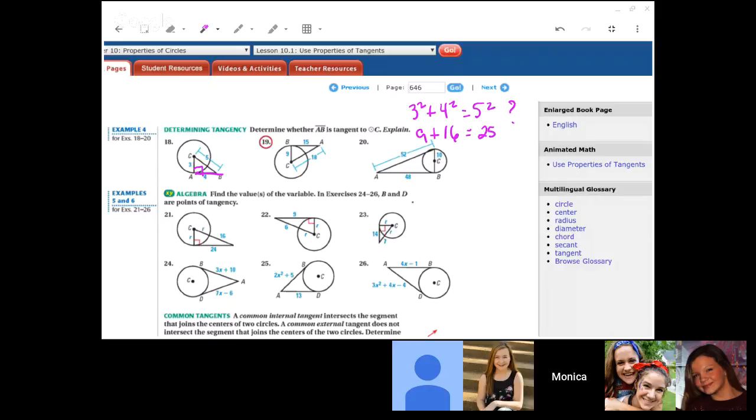So our hypotenuse on 21 is r plus 16, right? Okay, so if we're doing a squared plus b squared equals c squared, then that is r plus 16 squared, right?